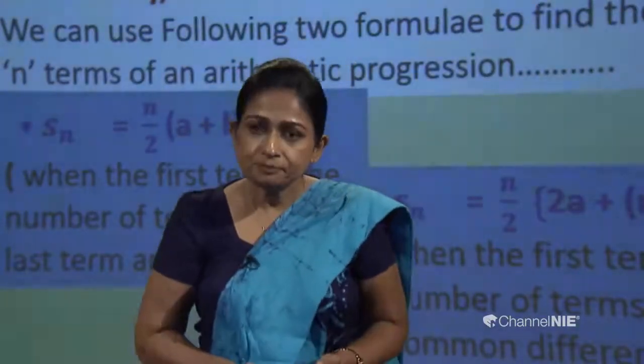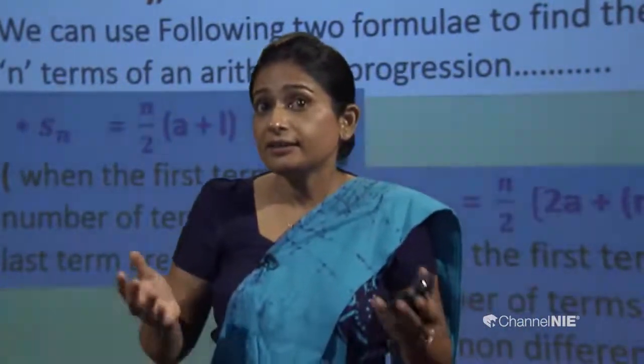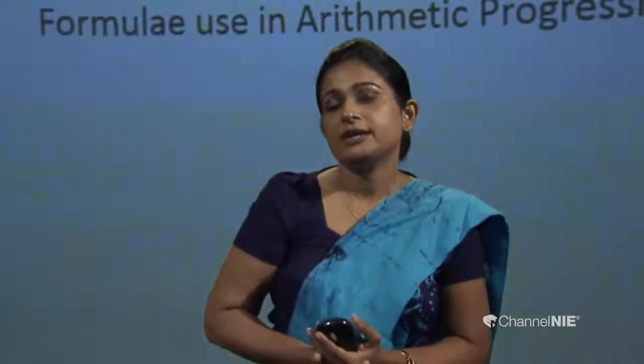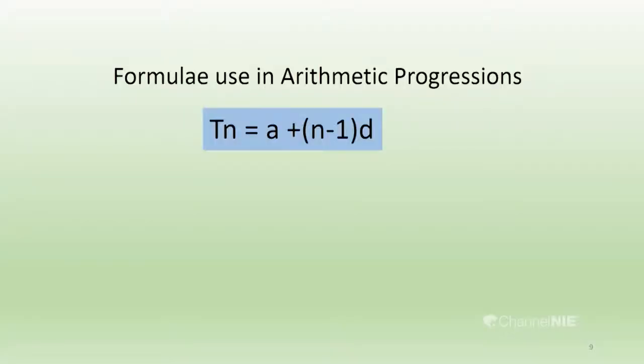Then here I am going to revise the formulae we studied under this lesson. What are the formulae we have studied under arithmetic progression? Only 3 formulae. Tn equals a plus n minus 1 d.